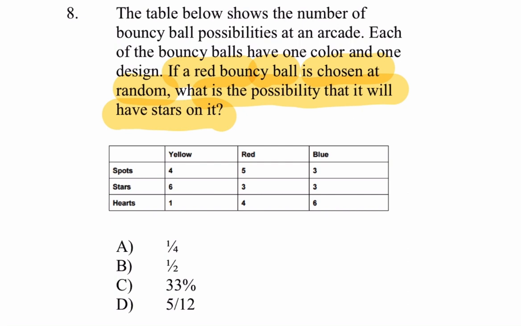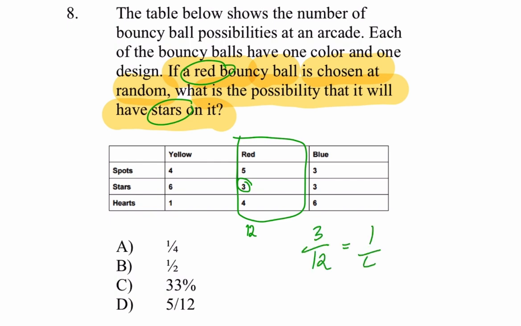Look at red and star. They ask you to choose from the red balls, so how many red balls in total? Red balls are 12 in total. How many red and star? Red and star is 3. So it will be 3 over 12, or 1 over 4. So the answer is A.